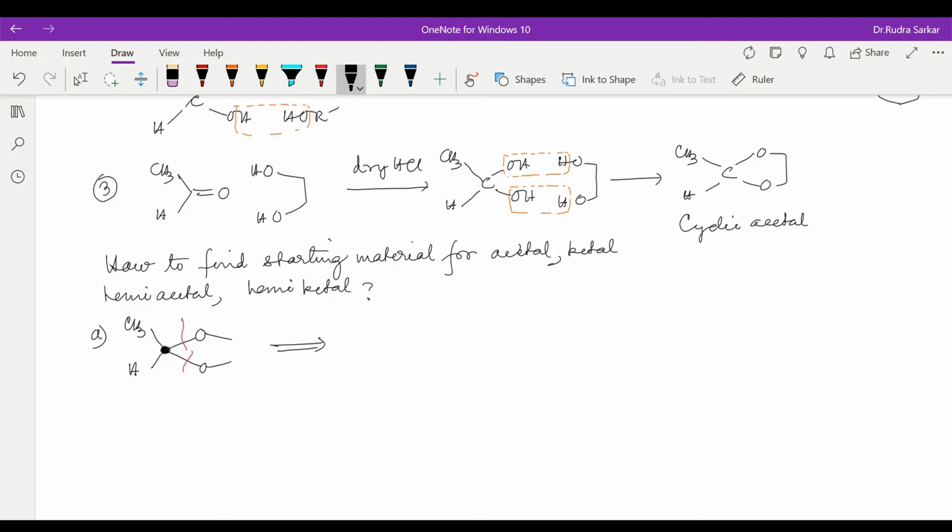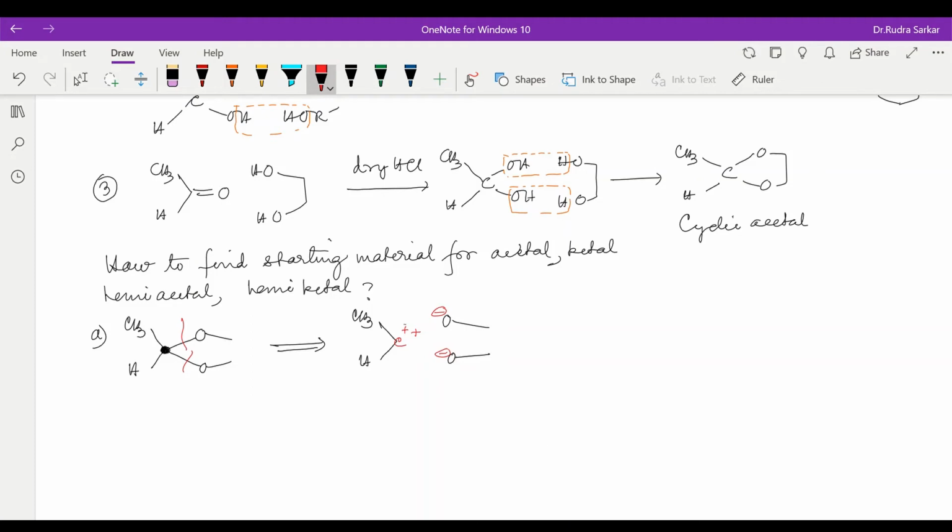Give this kind of an arrow, which indicates that you're disconnecting the molecule. Put negative charge on oxygen and positive charge on the carbon. So this particular carbon is going to have two positive charges. Negative charge will be shared by these oxygens.